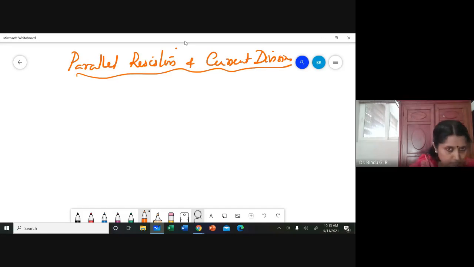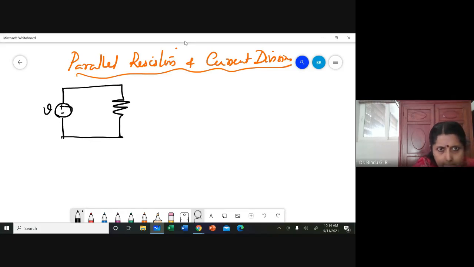Okay. So let me draw a circuit. I'll have two resistors in parallel, R1 and R2, with total current I. Let this current be I1 and this current be I2.